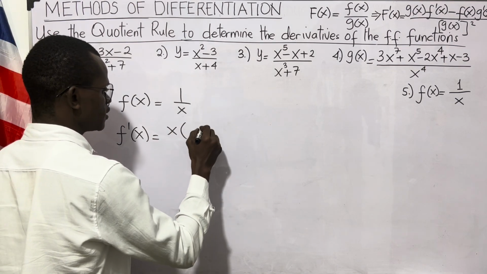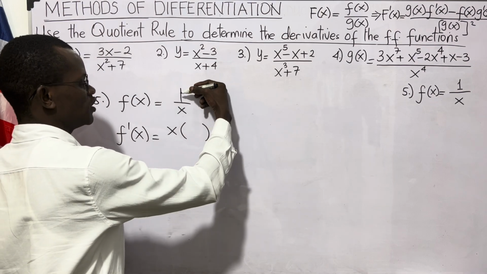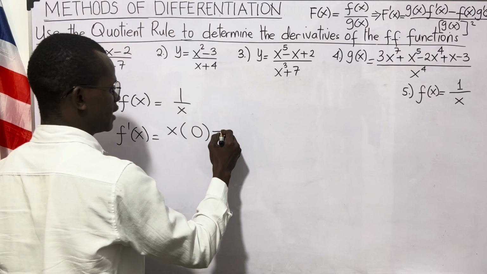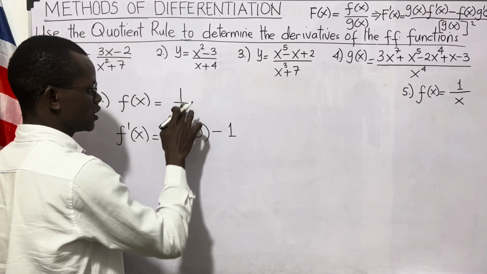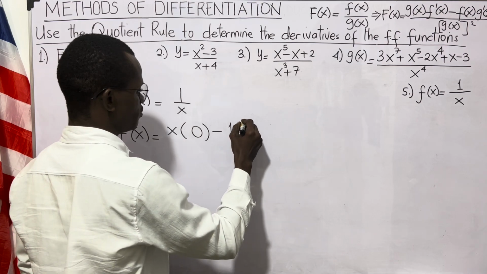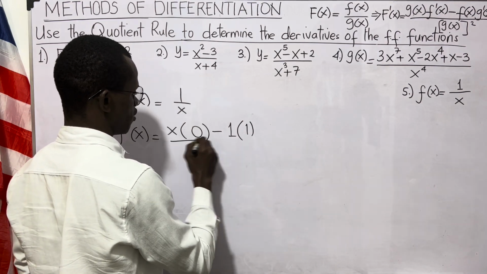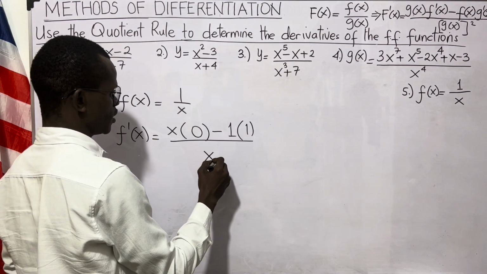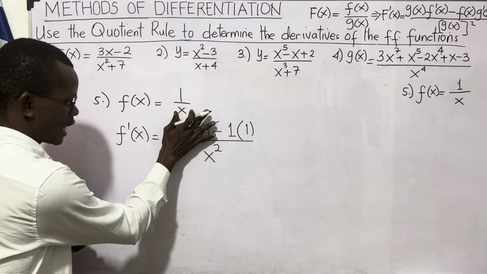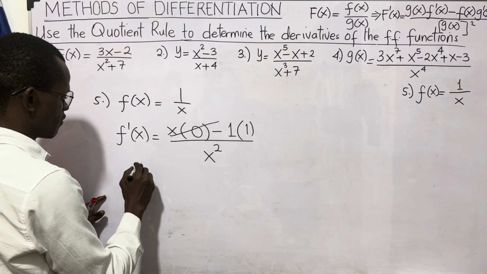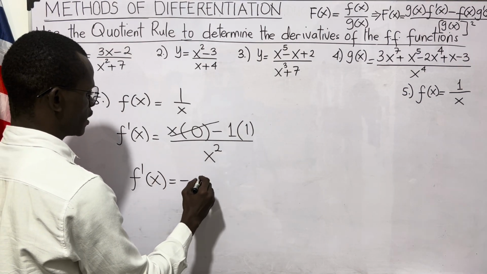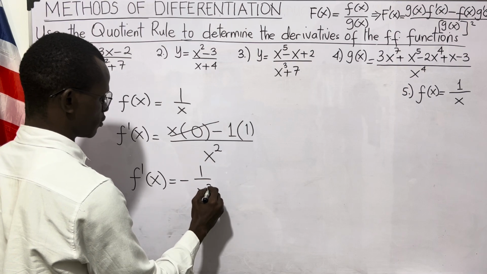We differentiate the numerator. The derivative of the numerator is just 0 because it's a constant. Minus, we hold the numerator and differentiate the denominator. What is it? The derivative of x is just 1. All divided by x raised to the power 2, because we should square the denominator. So this is just out. We just have f prime of x is just equal to minus 1 over x squared.